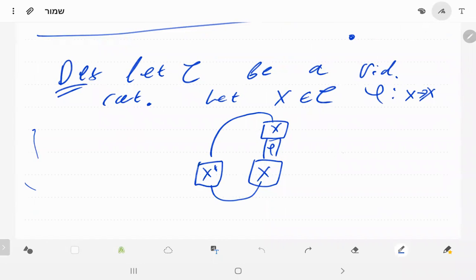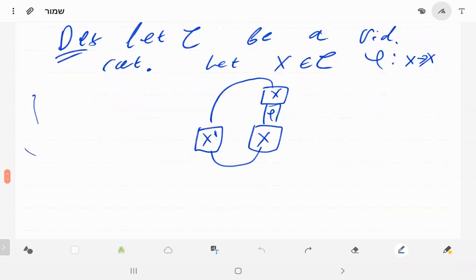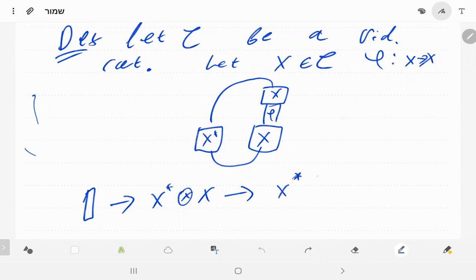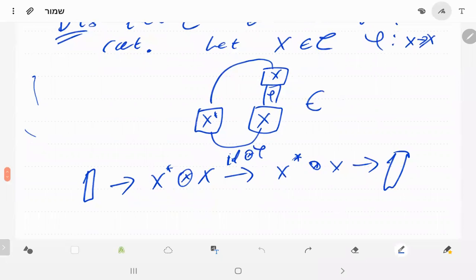So overall, when you do this thing, it's just another way to write the co-unit, then x star times x, and here we do identity tensor phi, and the unit. So this composition anyhow is an element in endomorphisms of one.